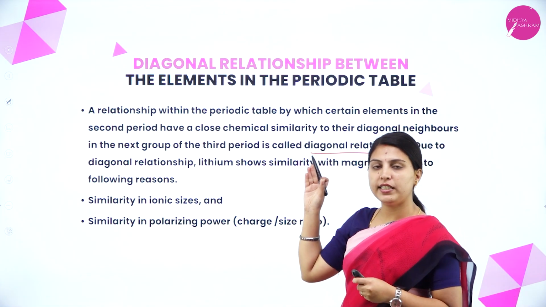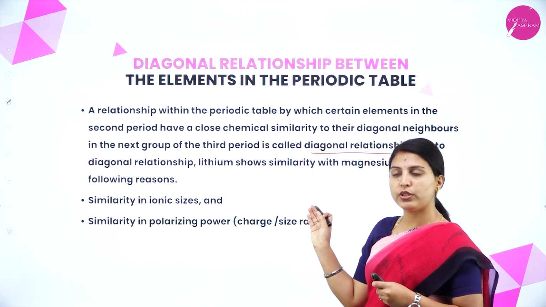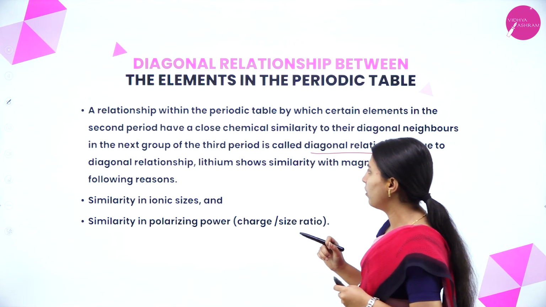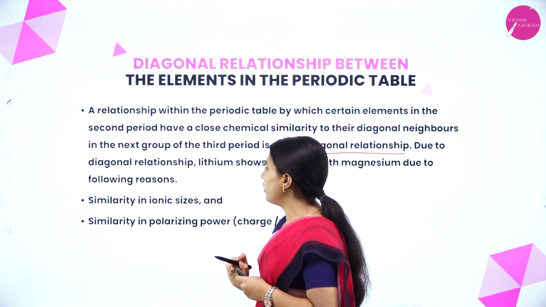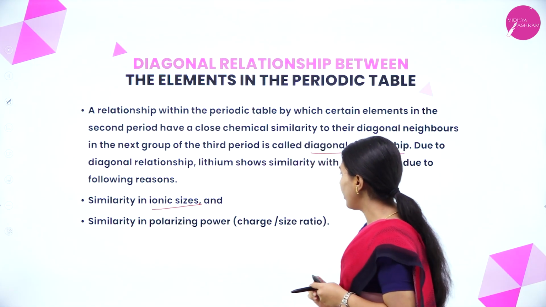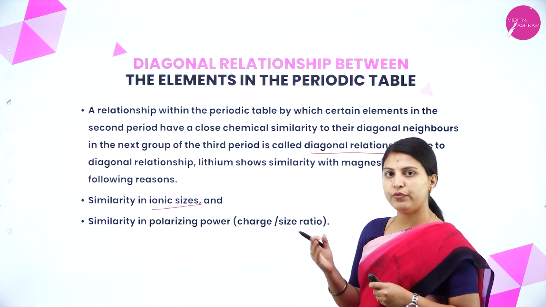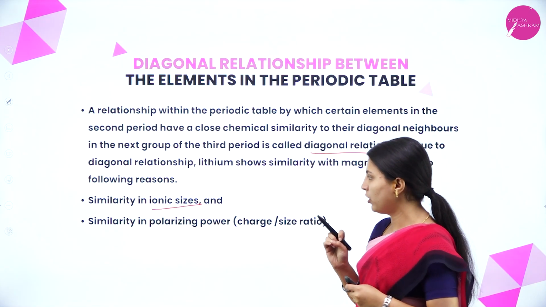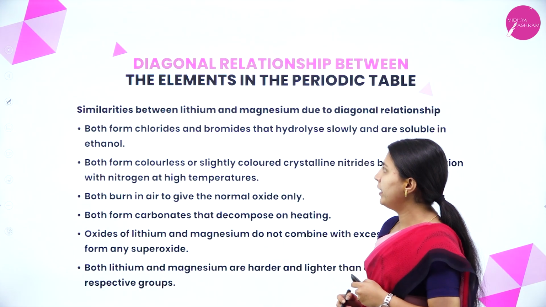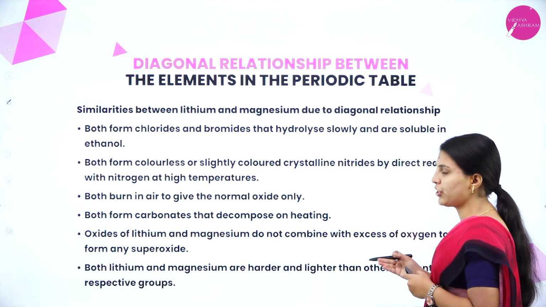Whichever element is present in the second period, it will be chemically similar to the diagonal element in the third period. The reasons: similarity in ionic sizes, and similarity in polarizing power or charge. Ionic sizes will be the same or similar, and similarity in polarizing power also. Next, similarities between lithium and magnesium due to diagonal relationship.